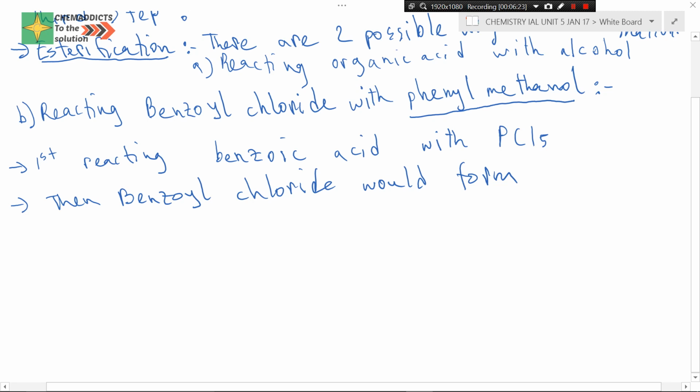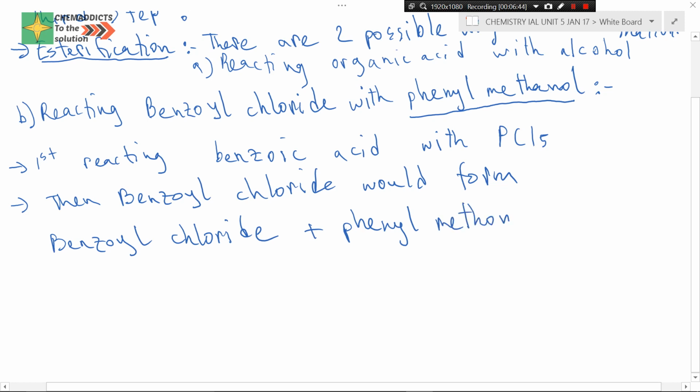Then we would react benzoyl chloride, which is formed over here, with phenyl methanol, which was present in the first place. Not methanol, phenyl methanol. So now we're going to react benzoyl chloride with phenyl methanol together.